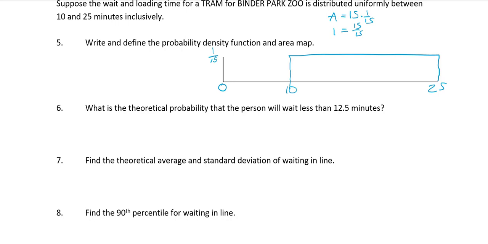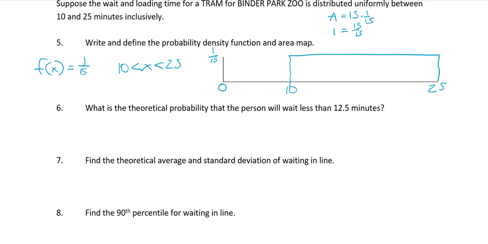If our area is not equal to 1, we don't have this uniform distribution area map done well. So now my function is still 1/15th, but notice how it's different from the function above it because we're not going between 0 and 15. We're going between 10 and 25. So 10 is less than x, which is less than 25, which is a fancy way of saying x is between 10 and 25 minutes.